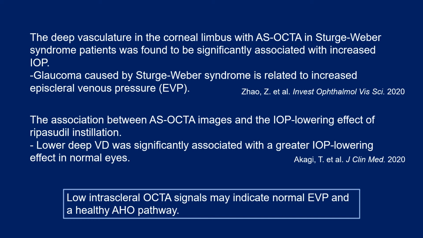Glaucoma caused by Sturge-Weber syndrome is known to be related to increased episcleral venous pressure. The deep vasculature in the corneal limbus with OCTA in Sturge-Weber syndrome patients was found to be significantly associated with increased IOP.